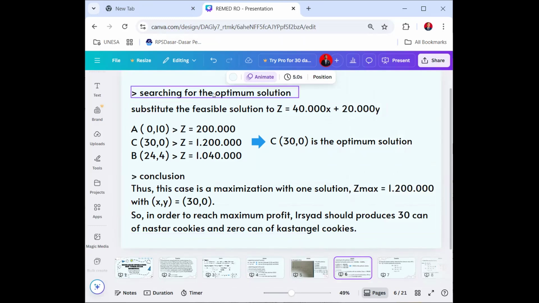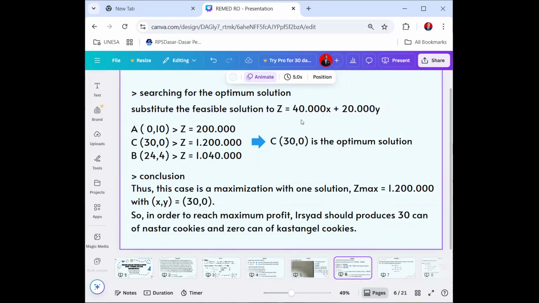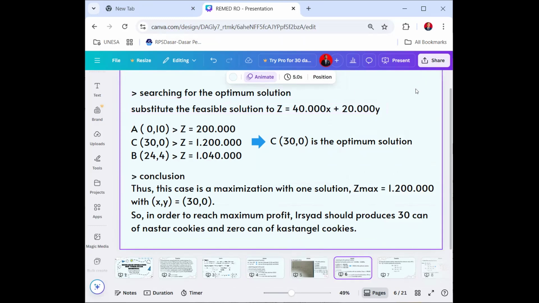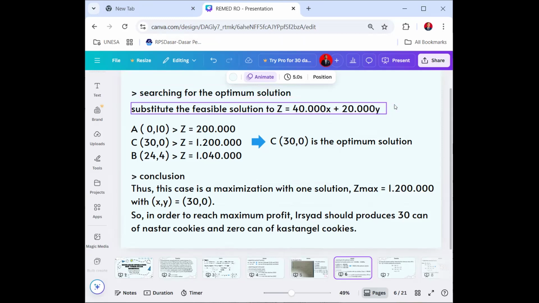Now, this optimum solution. How do we do that? Remember that we have the objective function z is equal to 40,000 times x plus 20,000 times y.